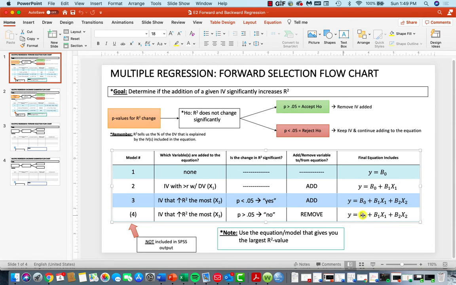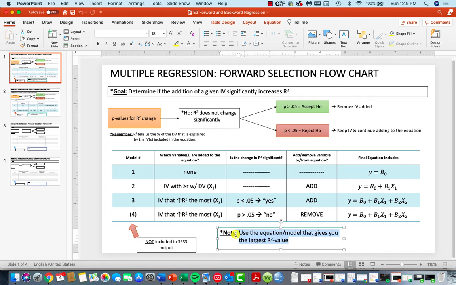SPSS is already removing this last model, saying, well, we tried adding another variable, but it didn't significantly change R squared, therefore we're not going to list it. So I think the big takeaway is that the equation or model that gives you the largest R squared value is what you want, either out of forward selection or backward elimination.